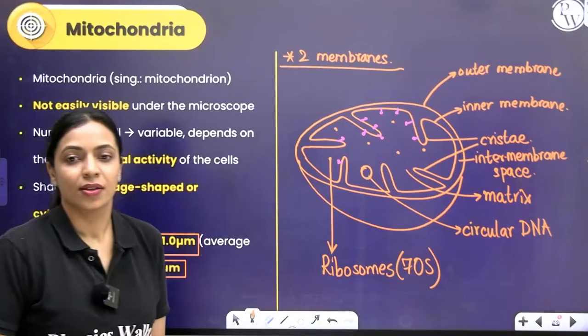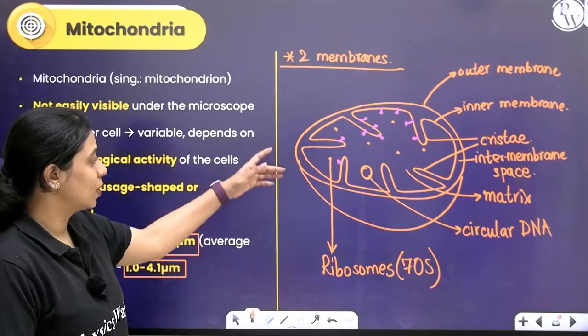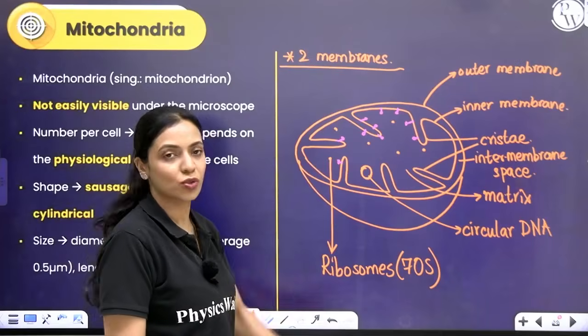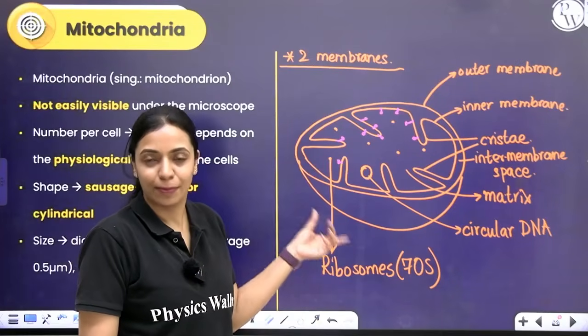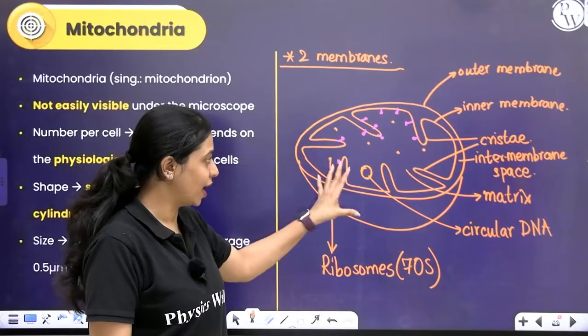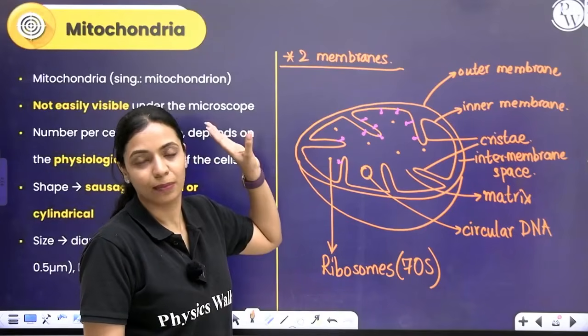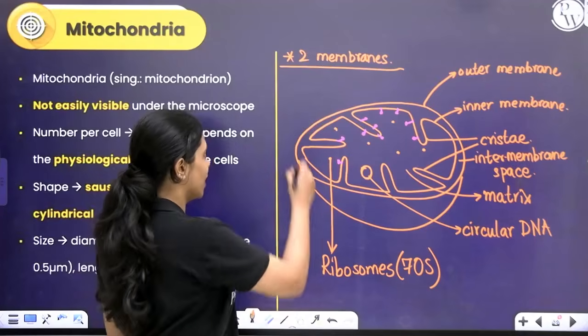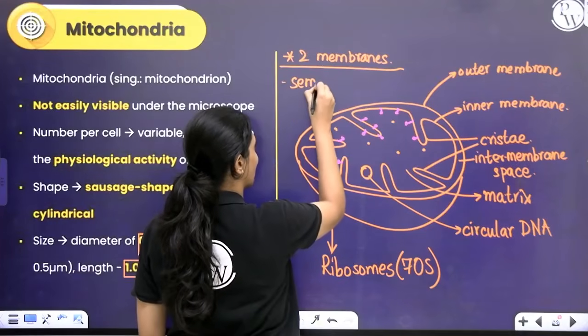Okay, so that's the structure of mitochondria. Mitochondria has its own ribosome, it has its own DNA. It will not depend on the genomic DNA to replicate. It can undergo division like binary fission in bacteria. Okay, so we say that mitochondria is a semi-autonomous organelle.